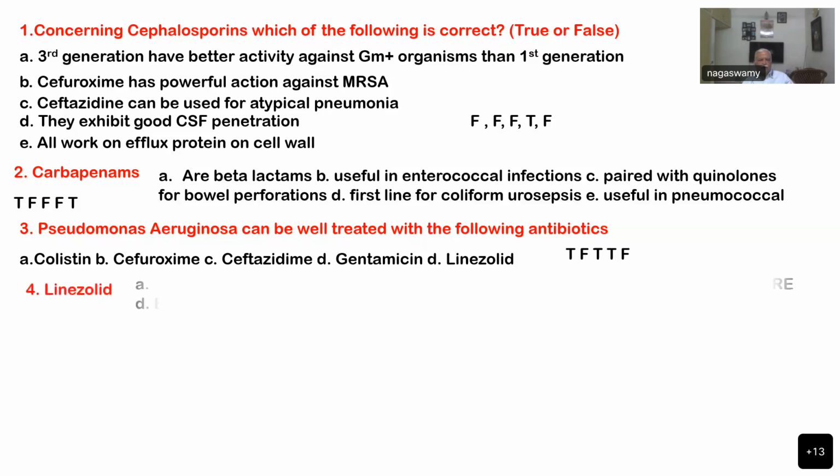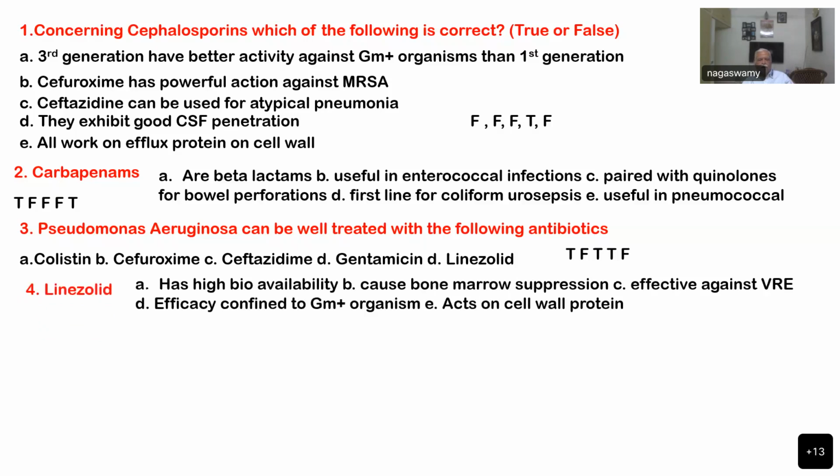About linezolid, it has high bioavailability, can cause bone marrow suppression, and it's effective against, what is VRE? Any idea? Vancomycin resistant enterococci. Very good. The efficacy is confined to gram-positive organisms, and it acts on cell wall protein.